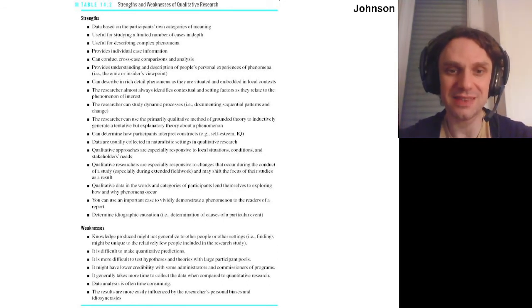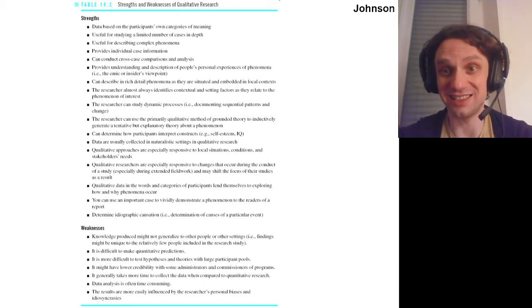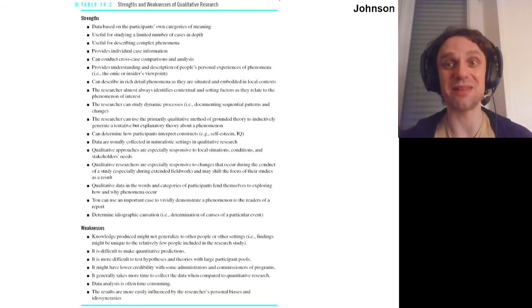And the other drawback that is extremely important is that the data analysis is exceptionally time consuming. It's very work intensive. It takes a lot of time to actually extract and present and describe all this rich information about reality that is contained in qualitative data.